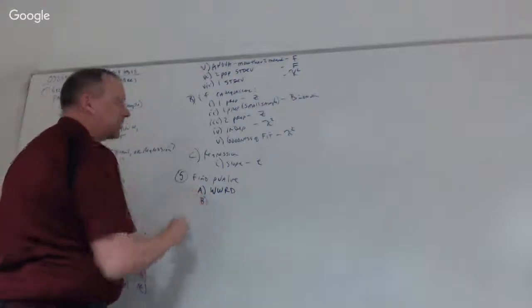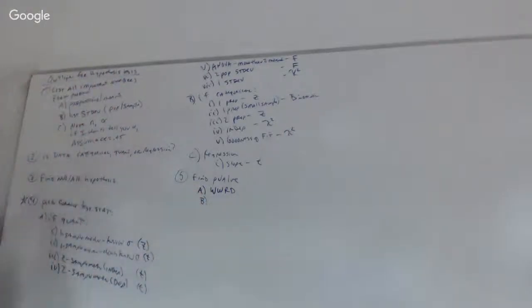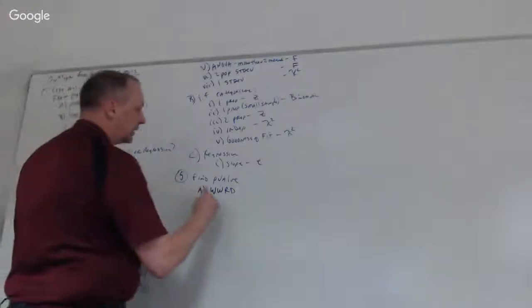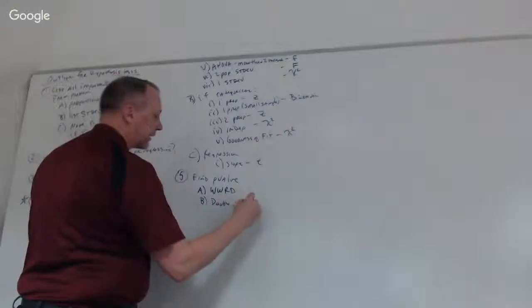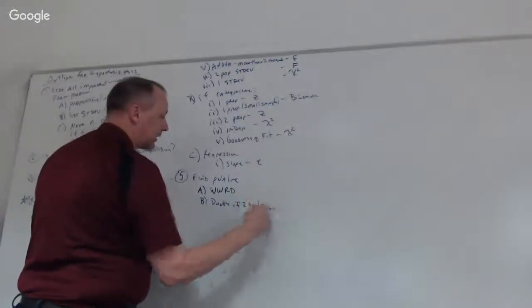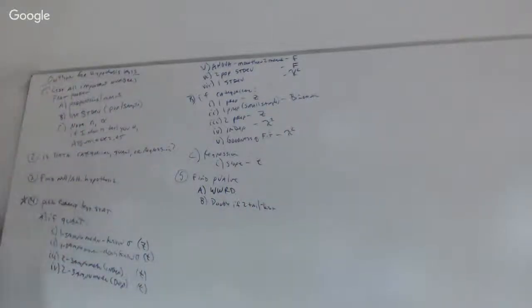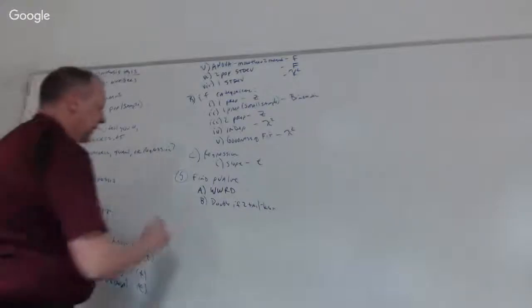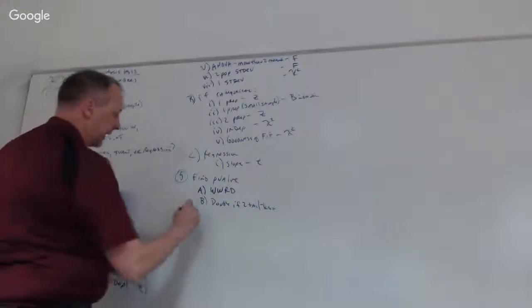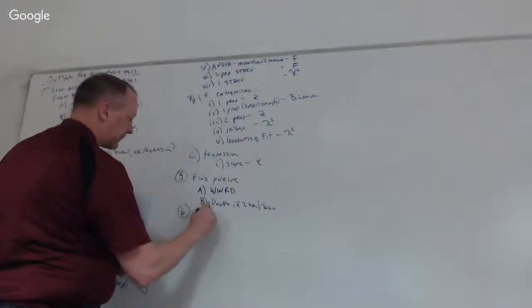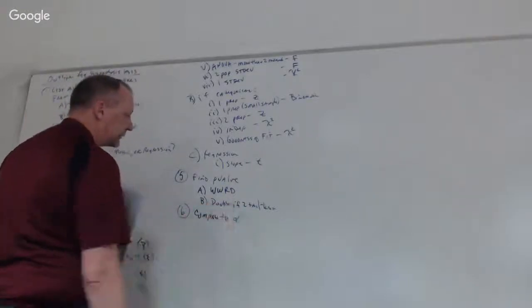And part B, this is what I forgot to tell my other class, is you're going to double if it's a two-tailed test. All right. Step number 6 is compare to your alpha.